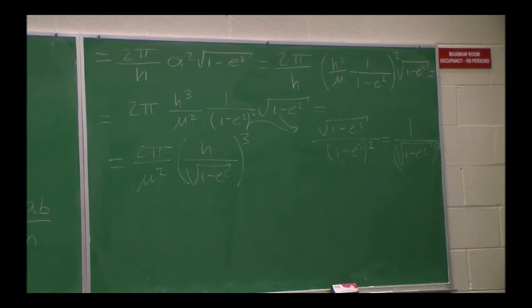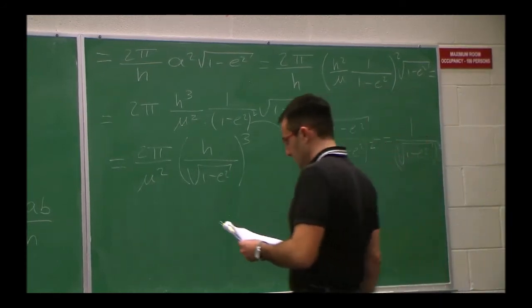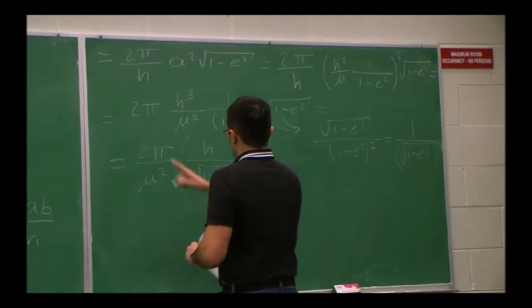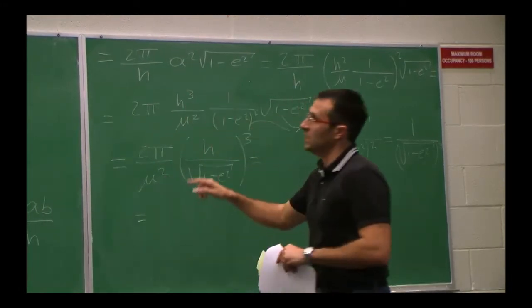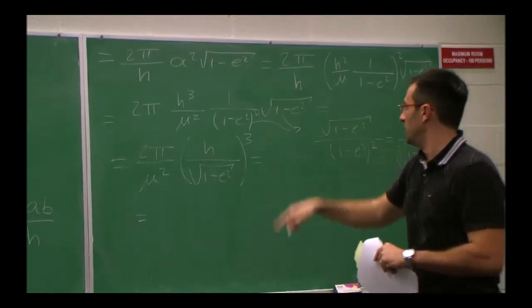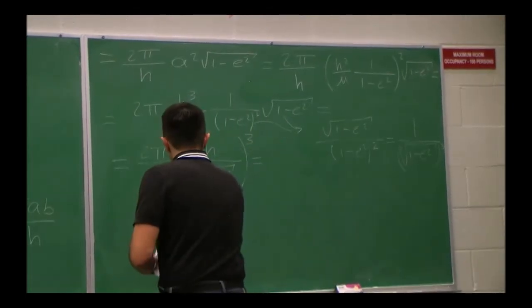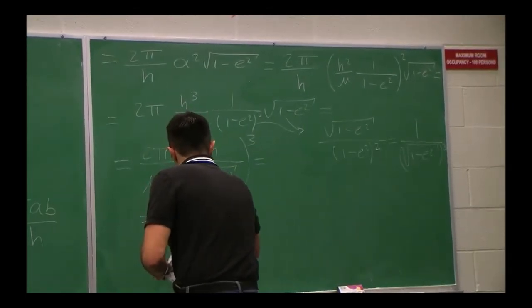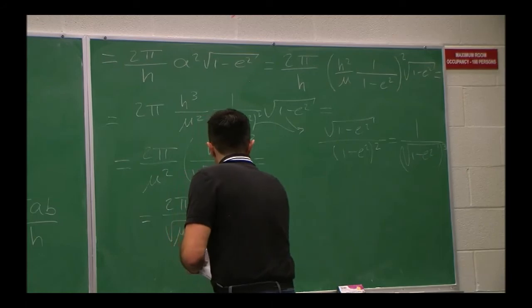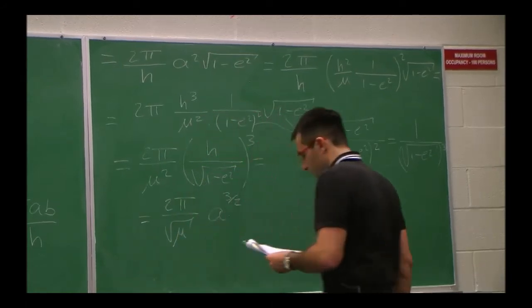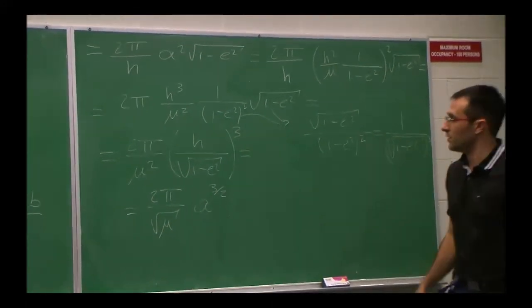Just moving stuff up and down, numerator, denominator. Which in the end, if you compare with the A expression again, this is really giving you 2 pi over square root of mu times finally this A to the 3 over 2. And that's Kepler's third law.